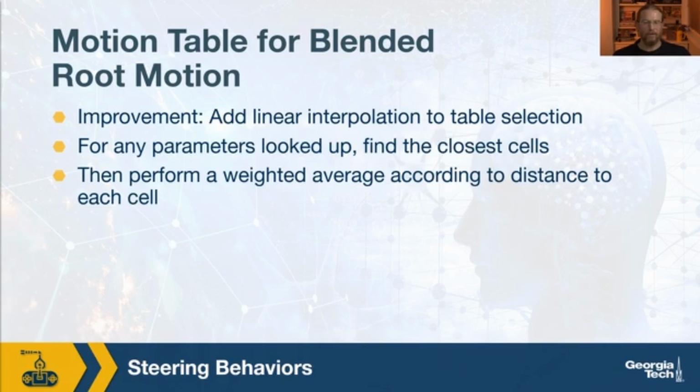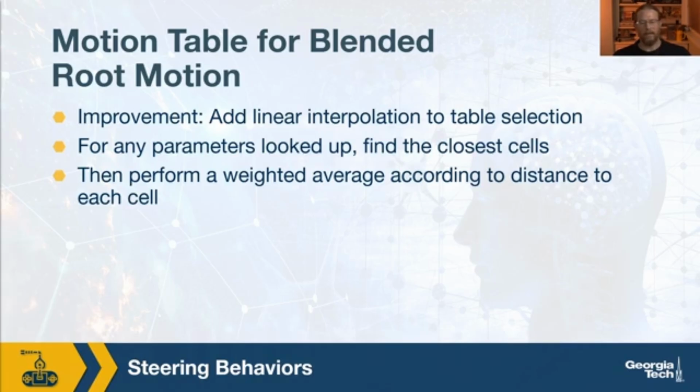And we can improve on this sort of table approach by interpolating between positions, like table cells. If we have a position that's not a perfect match in terms of like a movement, let's say, then we can interpolate between the cells in that neighborhood.